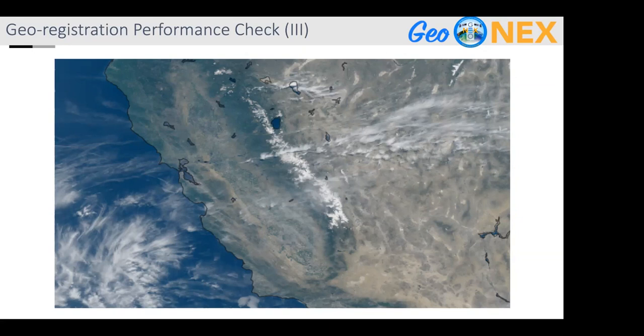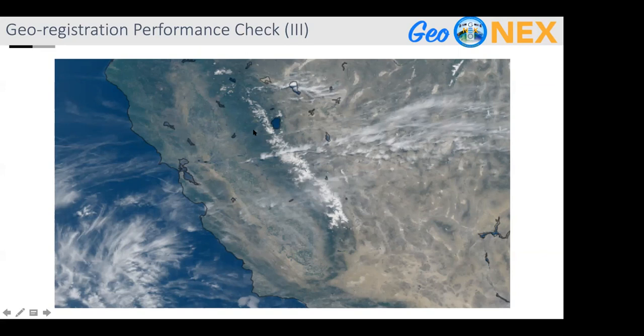Without the elevation correction, in mountain areas, for instance, Lake Tahoe will be a few pixels off. That's quite important, because if you want to detect fire, a few pixels off means several kilometers off, right? And also for snow monitoring, this is important.